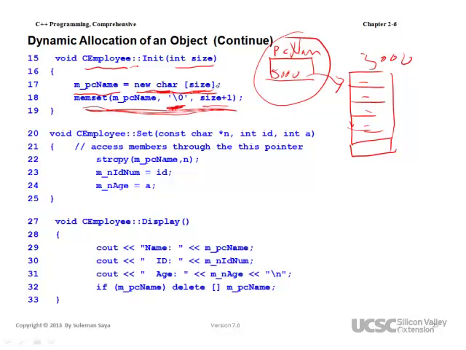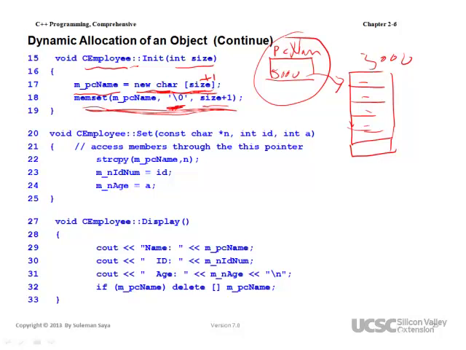What we have to do is say 5 plus 1 right here, and that will fix the bug. So you see, these kinds of bugs are very easy to create just by forgetting to put a plus 1 in there. If you don't put that, then at line number 18, your program will crash.